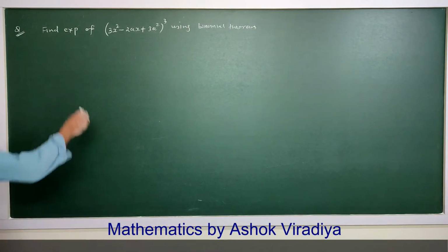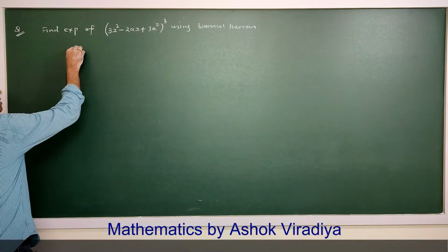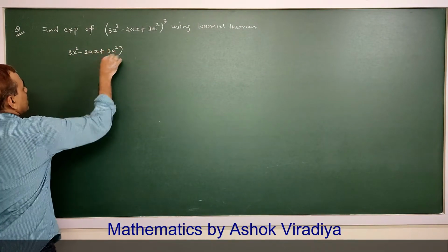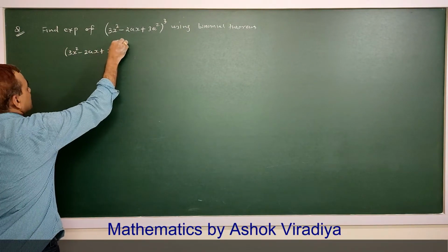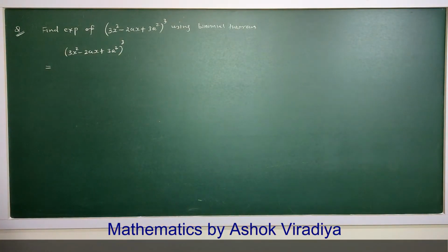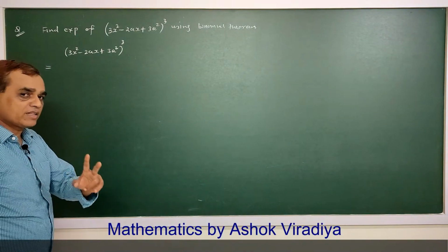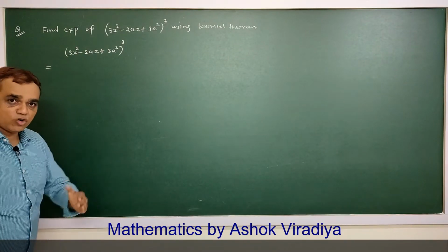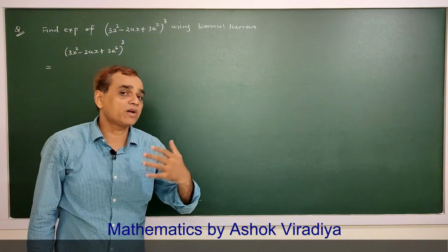Now say here (3x square minus 2ax plus 3a square) whole cube. We want to expand this using the binomial theorem. To apply the binomial theorem, there should be two numbers inside the bracket. Binomial, we don't have a trinomial theorem.